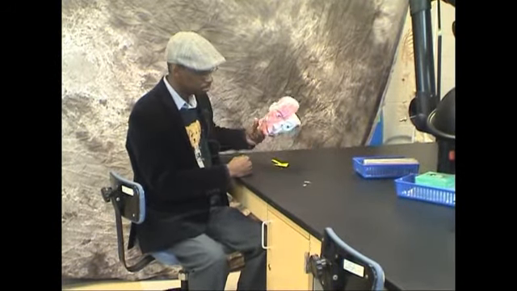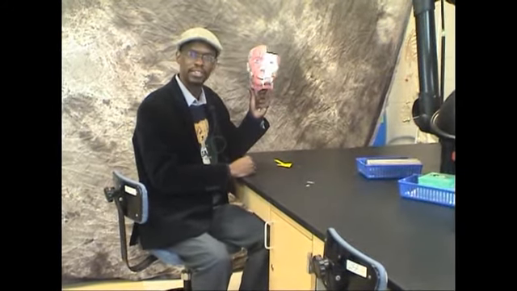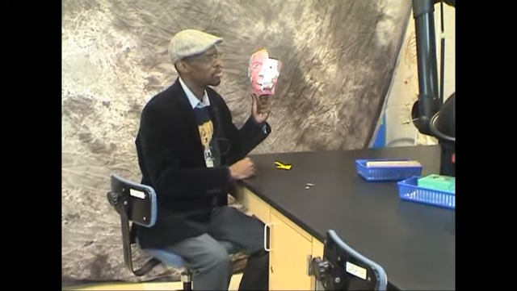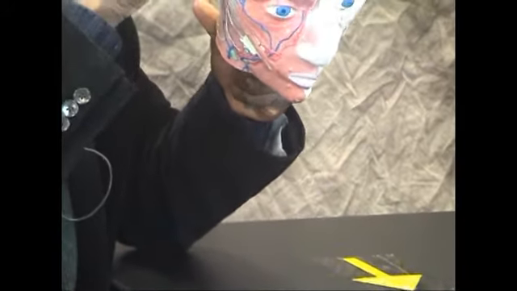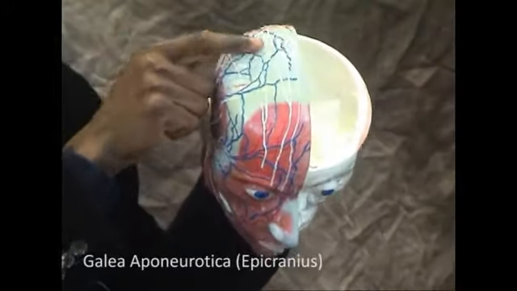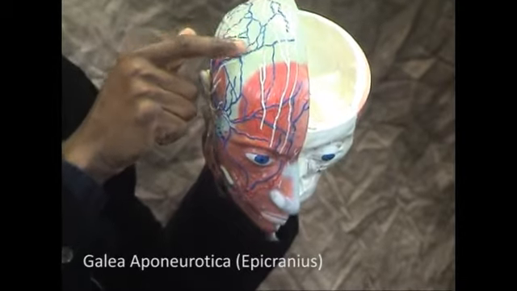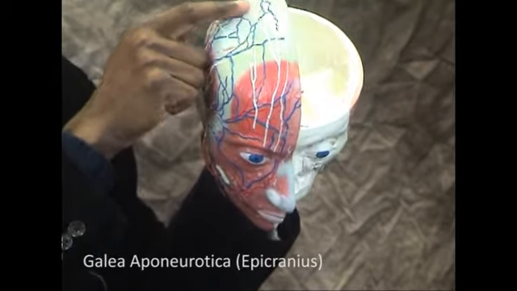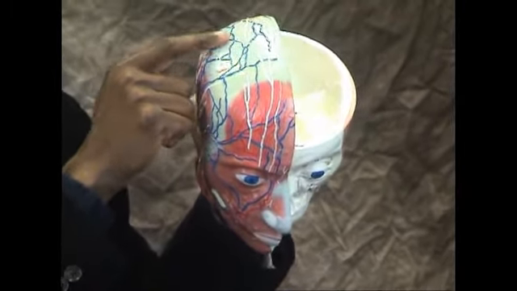I have with me my mannequin right here, my head, and we're going to point out some of these muscles. Let's start out with the epicranial group. This is the epicranius right here. It includes the galea aponeurotica, which is a very thick tendon tissue-like structure, or aponeurosis.